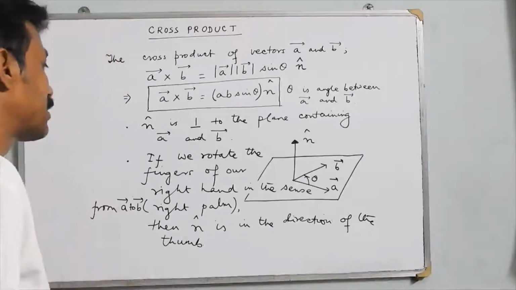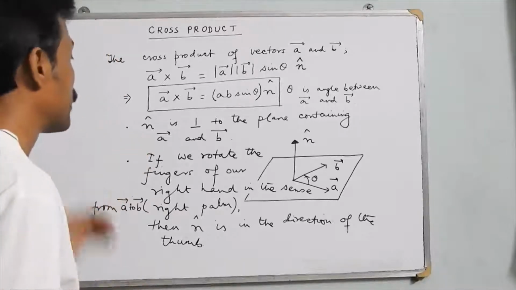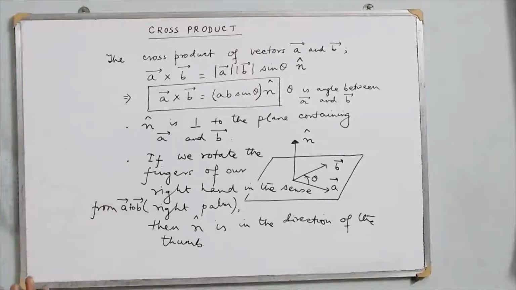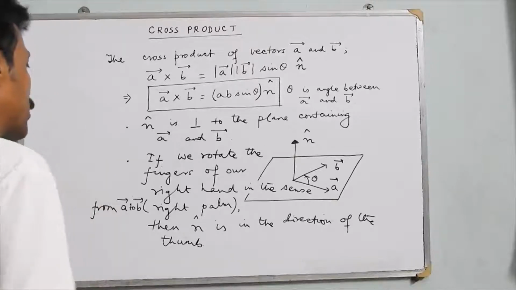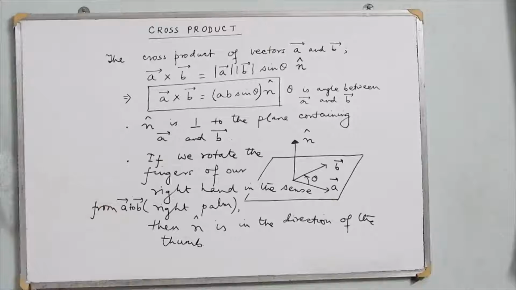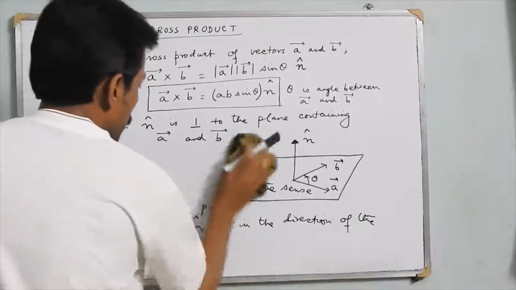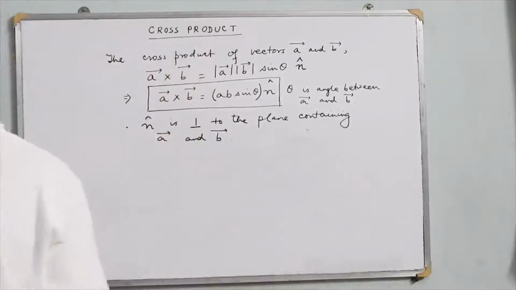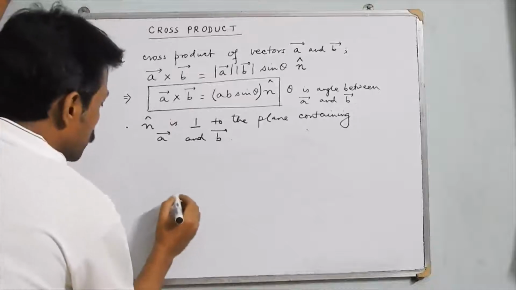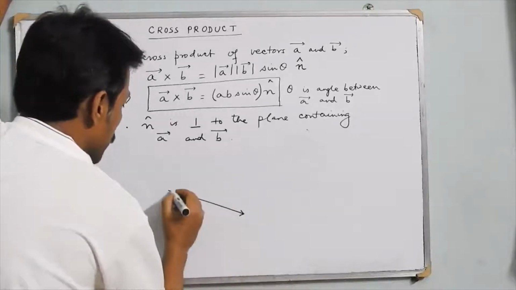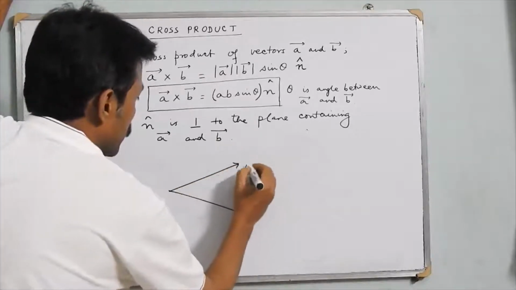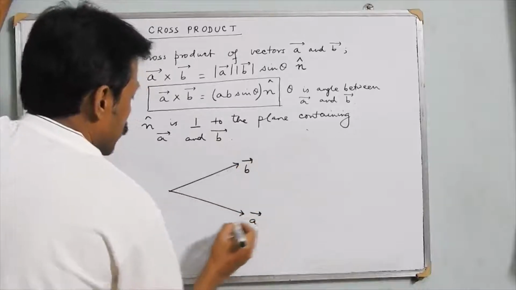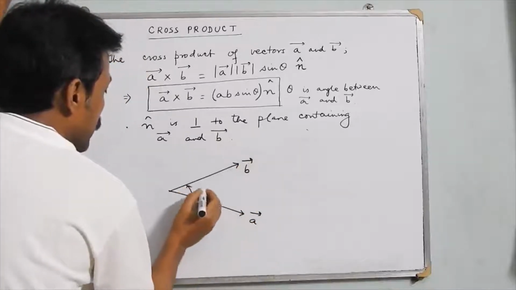Remember, n hat is perpendicular to the plane containing the two vectors A vector and B vector. It is either perpendicular in or perpendicular out. And whenever it is perpendicular in, we use a symbol to do so. So suppose this is A vector, this is B vector, and we are determining A cross B. They are inclined to each other at an angle theta.